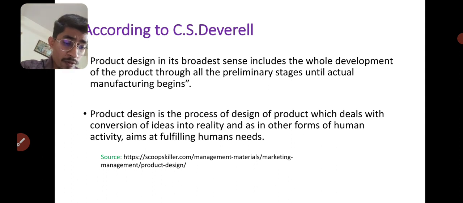Research tells us there is no single policy which ensures the success of the product. What do you mean by this? Then which policy should the organization adopt?